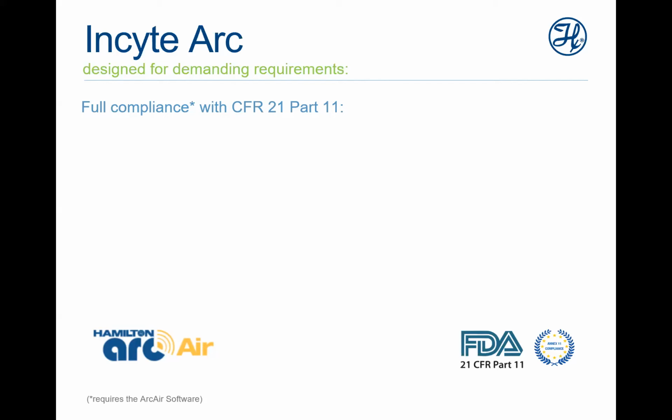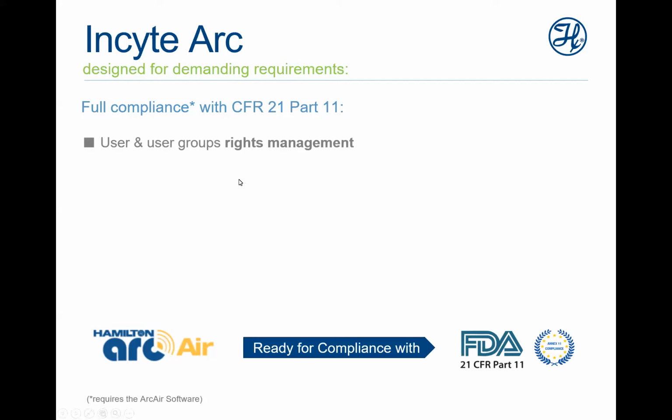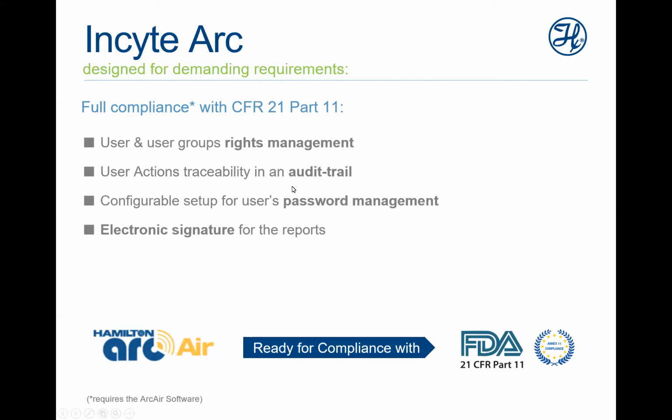Due to these restrictions, many devices and routines cannot be used in a production environment. Well, our Incyte Arc probe is well prepared for the requirements of Part 11 and GMP. It offers, for example, a user and user groups rights management, an audit trail, password management, and an electronic signature. And of course, we are providing documentation and services for the IQ as well.